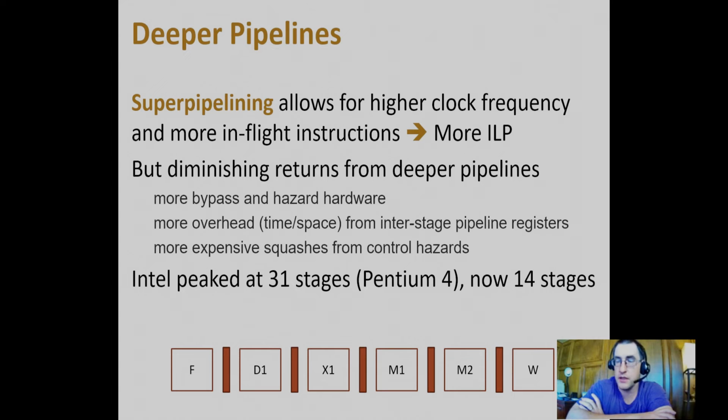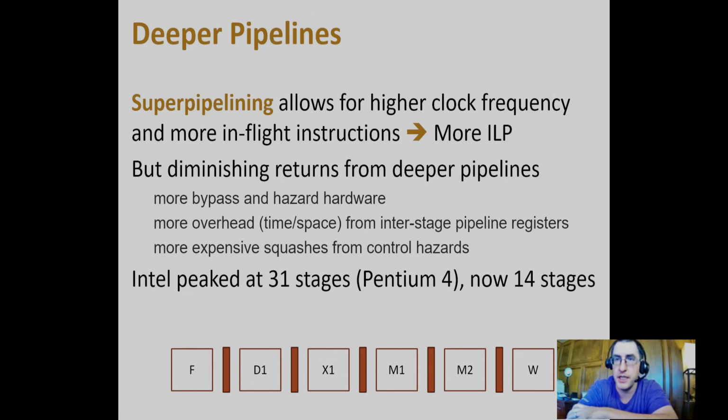The other two effects are that you need more hardware to deal with hazards. So for data hazards, more data forwarding lines, call this a bypass network, grows because every stage that can produce a value has to forward backward to every stage that might possibly consume that value. So you end up with this n times n minus 1 sort of cost. And then the control hazards.